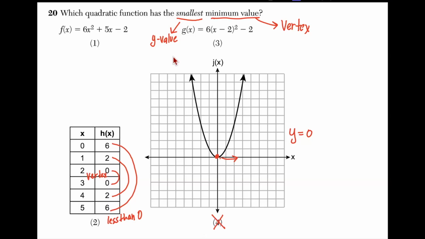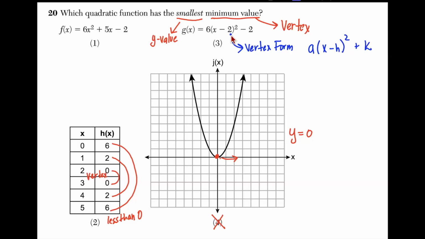Now I have to try and see between number 1 and number 3, which of these have a vertex that is less than this here. Okay. Now, first off, I know this one over here for g of x is in fact written in vertex form. Now, vertex form looks like a times x minus h squared plus k.